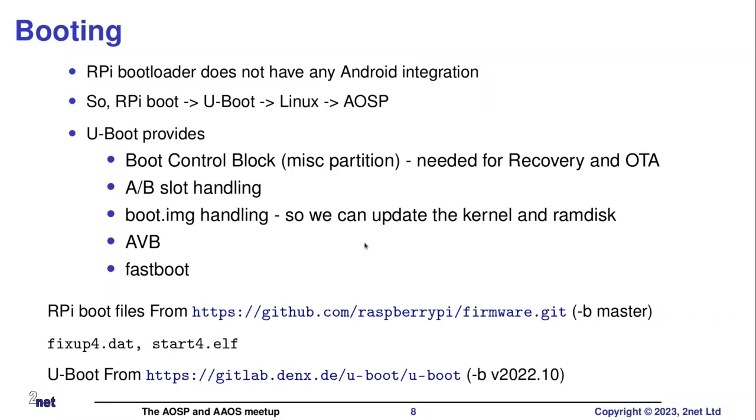It understands the boot.img format, and that's necessary in particular so that we can have A and B partitions for boot image, and then we can do over-the-air updates. It has support for AVB, although I've never actually tried it, and it has support for Fastboot. So you can get the Raspberry Pi firmware from this place here, download it.